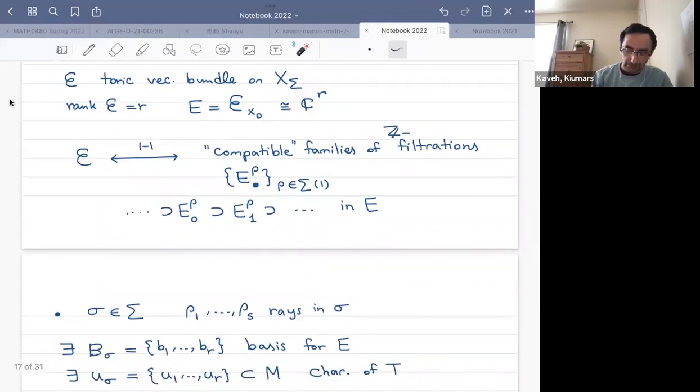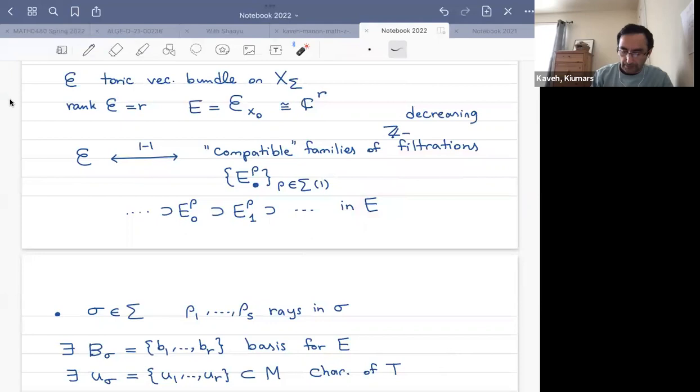Okay. Then Klyachko says that isomorphism classes of these toric vector bundles are in one-to-one correspondence with families of Z-filtrations, and I have to say decreasing filtrations, of this vector space E. Filtrations by vector subspaces.